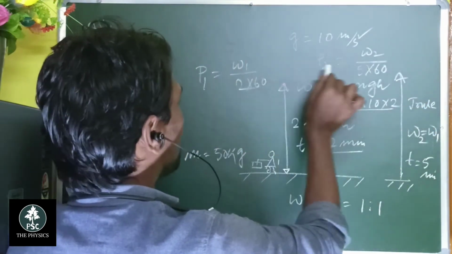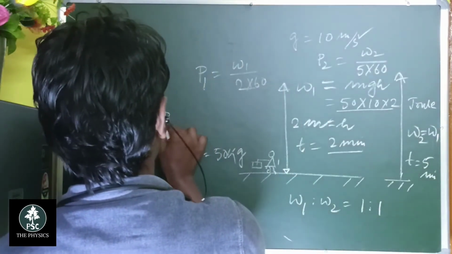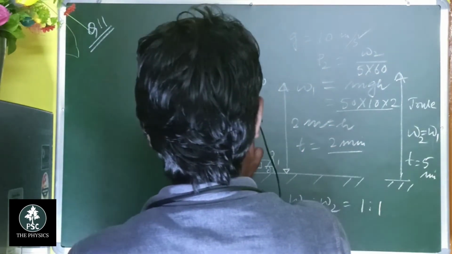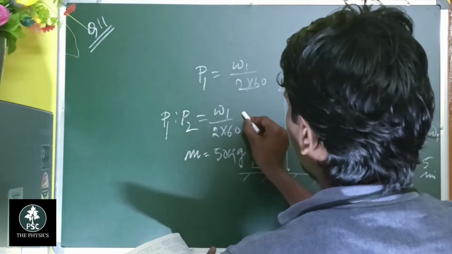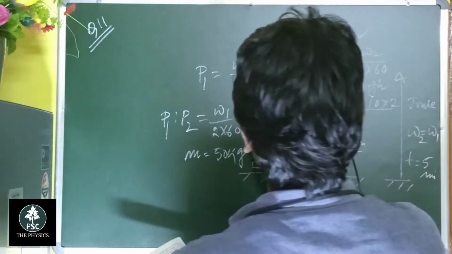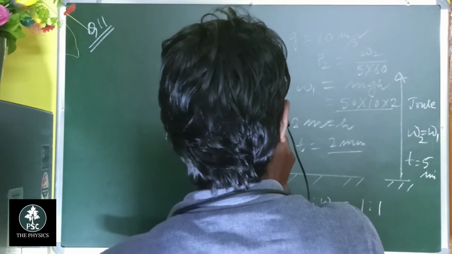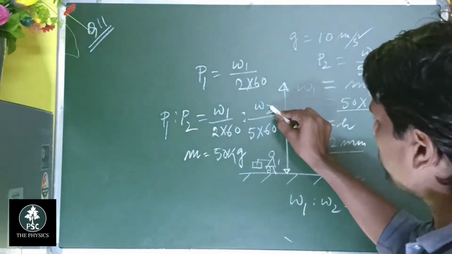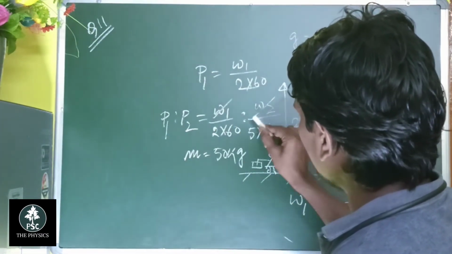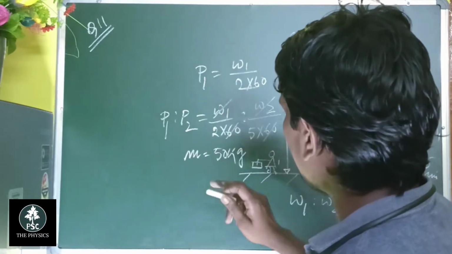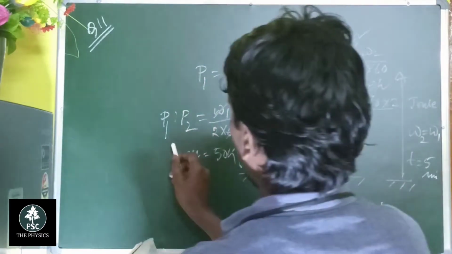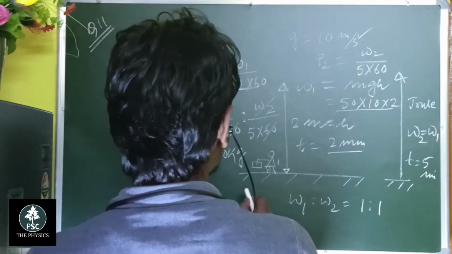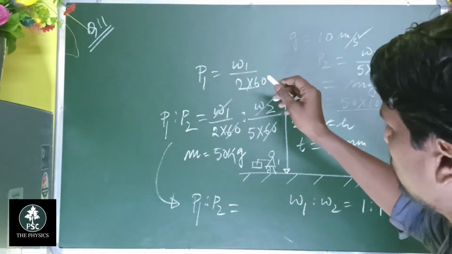Now compare P1 is to P2: W1 by 2 into 60 is to W2 by 5 into 60. Since W1 is equal to W2, they cancel, and 60 also cancels. So here it is half, and here it is 1 by 5, and you multiply with 10. P1 is to P2 is equal to this.